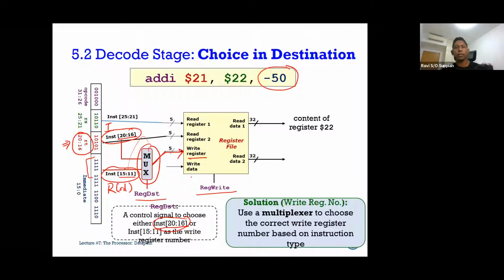But for I type there is no RD, correct? It's only RS and RT. So that is the reason why we now need a multiplexer here to decide whether to take the RT bits location or RD bits location to specify as the write register.